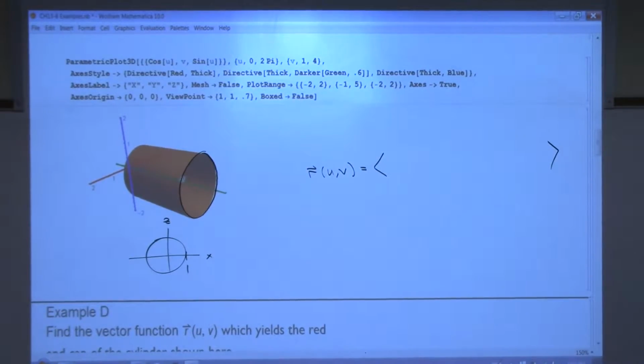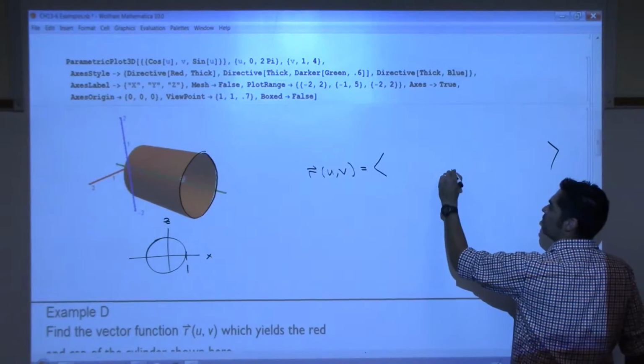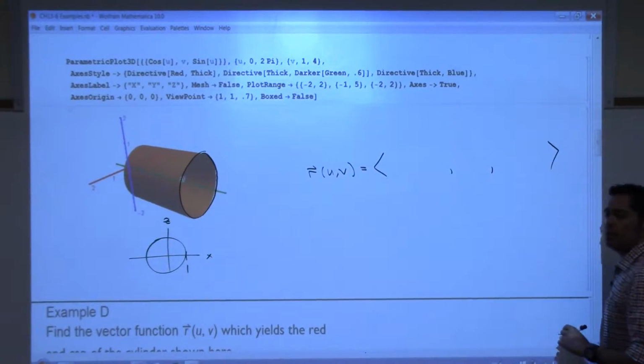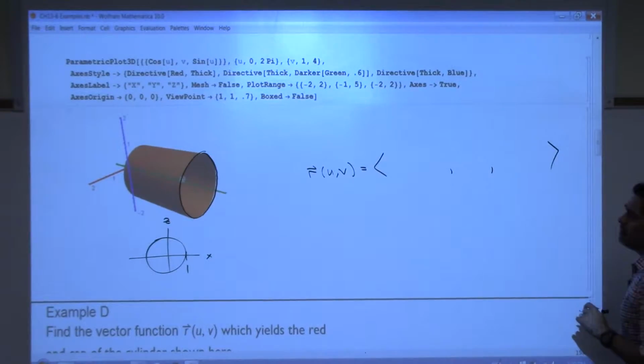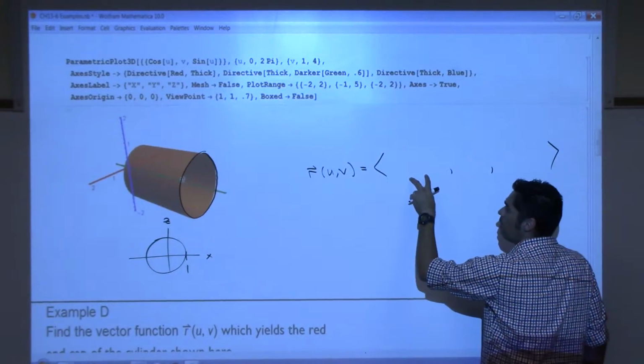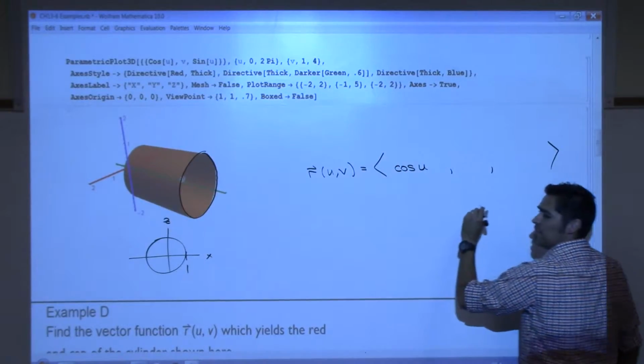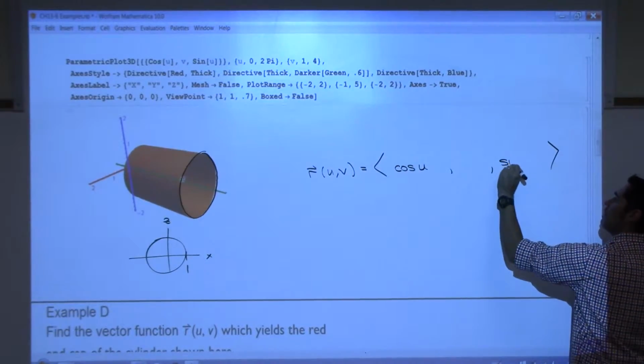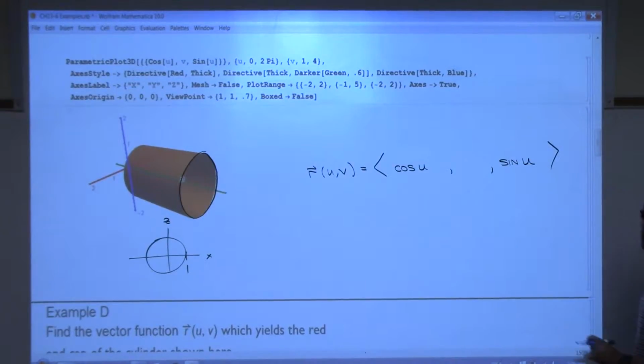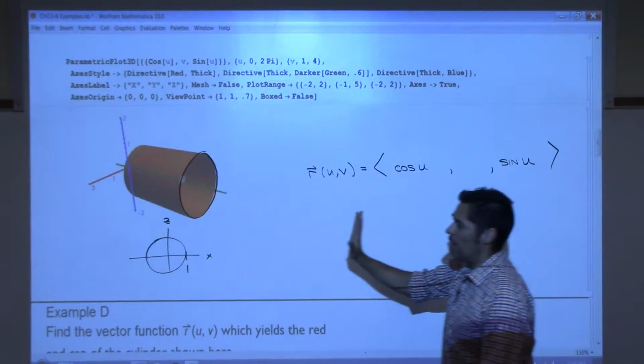There's no accepted convention that we always use. So what do you want, u or v? U? Okay, so in the x component, I'm going to put cosine u. In the z component, sine u. Everyone agrees that draws a unit circle parallel to the xz plane.